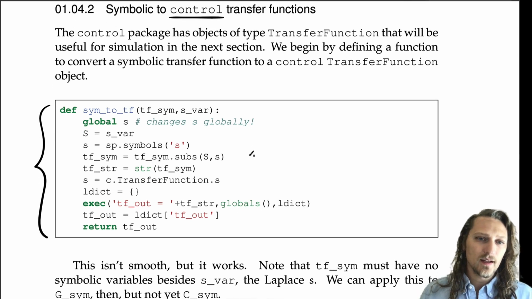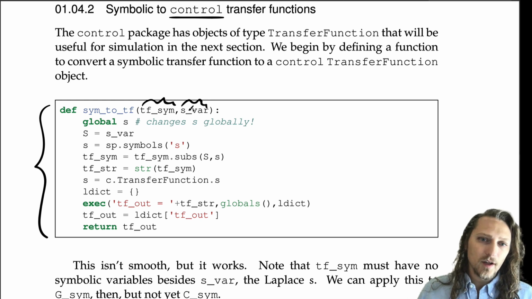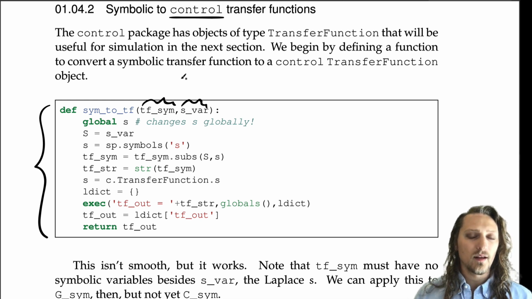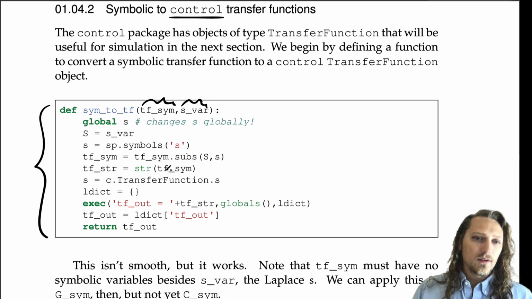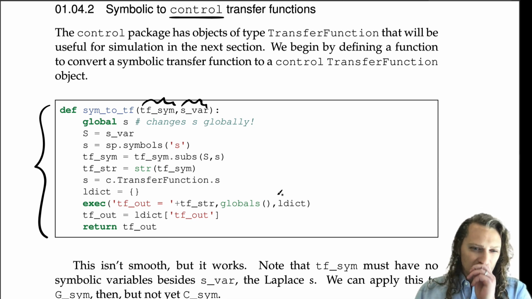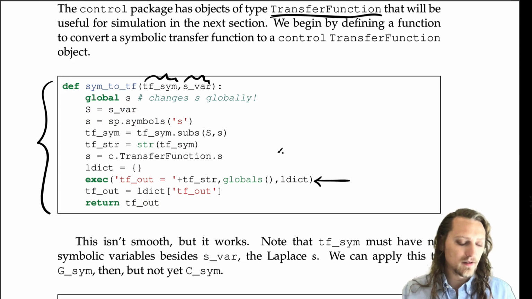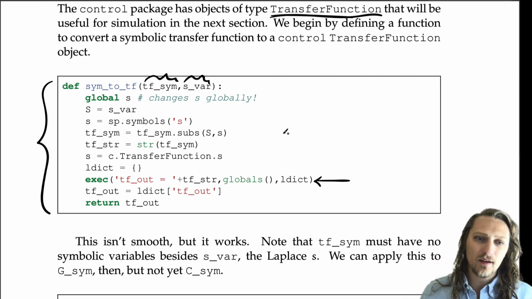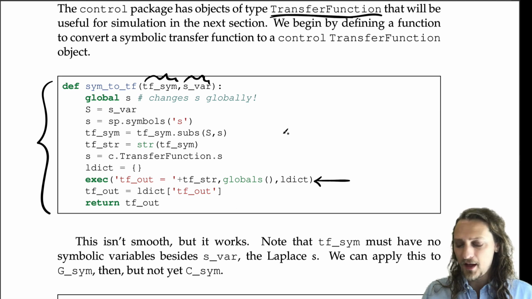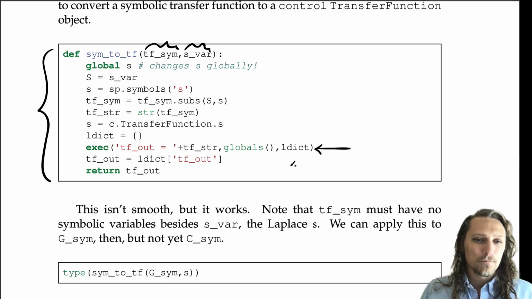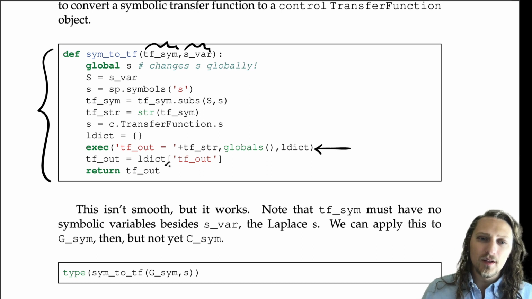What it does is it takes in a symbolic representation of a transfer function, and whatever the Laplace transform s variable is that's used in that representation, and through a little bit of sleight of hand here, it turns that into a control toolbox transfer function. So it's a bit of a hack, but it does work. Whenever you use this exec function, there's always a sign that there's a hack going on. So this isn't super smooth, but it does work.